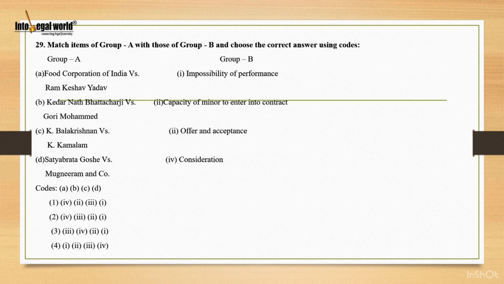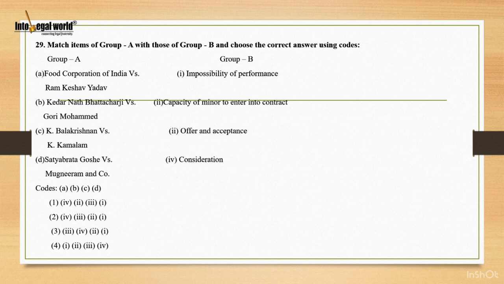Question number 29. Match the items of Group A with those of Group B and choose the correct answer using the code. So Group A contains all the cases and Group B gives the basis on which the cases were decided. Group A. First, Food Corporation of India versus Ram Keshav Yadav. This case was regarding impossibility of performance.